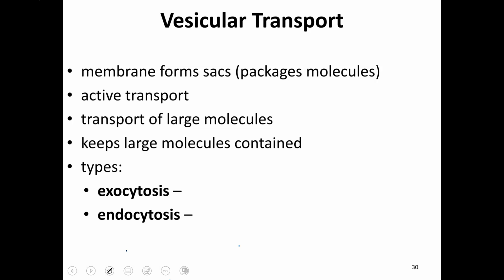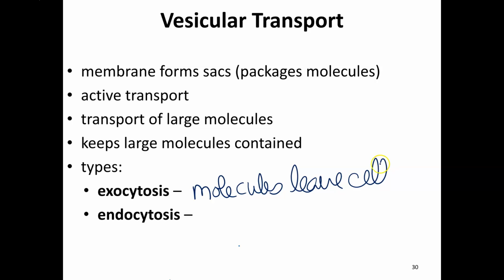There are two major types: exocytosis, which is a form of vesicular transport where molecules are leaving the cell. And when they leave the cell, they leave within a vesicle that then can just release them out. So think of exiting the cell, okay? And then endocytosis, they're entering the cell.